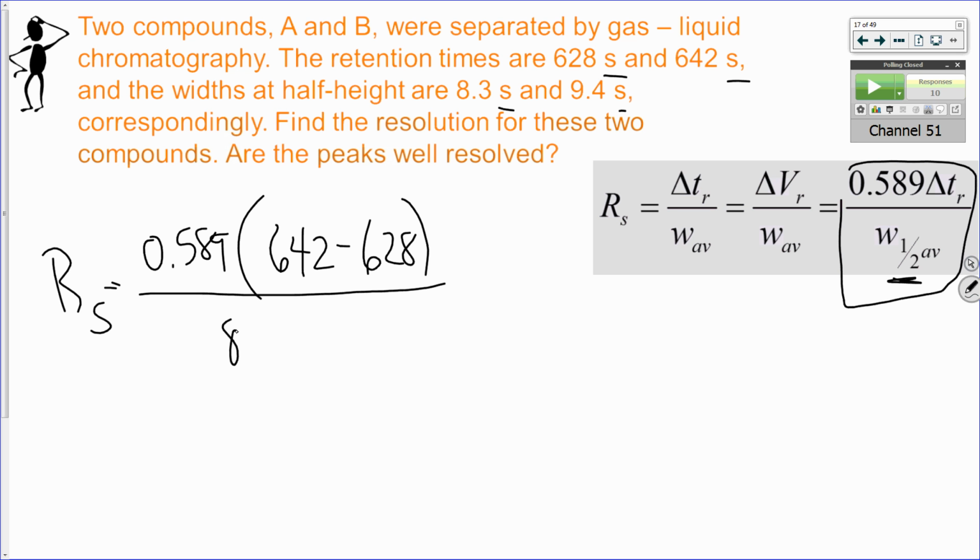So I'm going to take those two widths and I need to average those two together. So at the bottom, when I average them together, I get 8.85. We'll keep that in there so we don't get a rounding error.